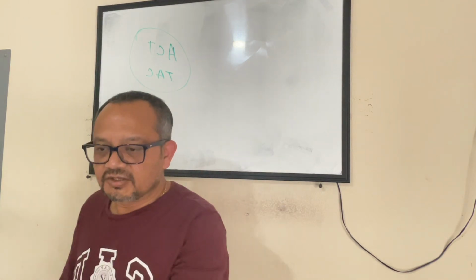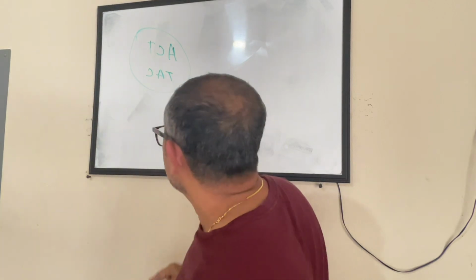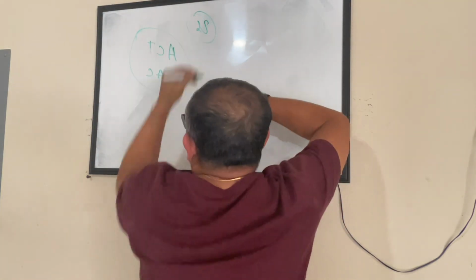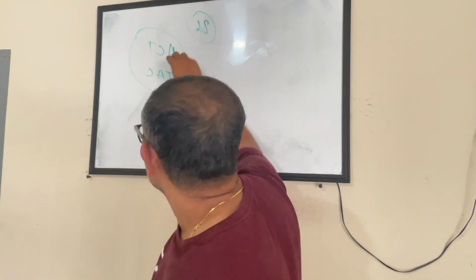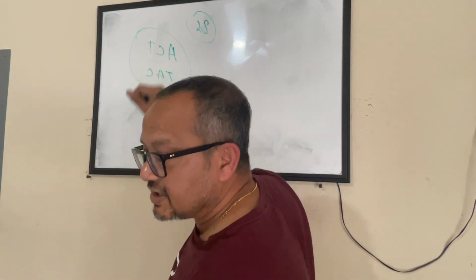All right. So here, the basic difference that you would want to keep in mind is this. Let's say I have 26 alphabets and I have to form a 3-letter word. This is permutation, where ACT and TAC are different.